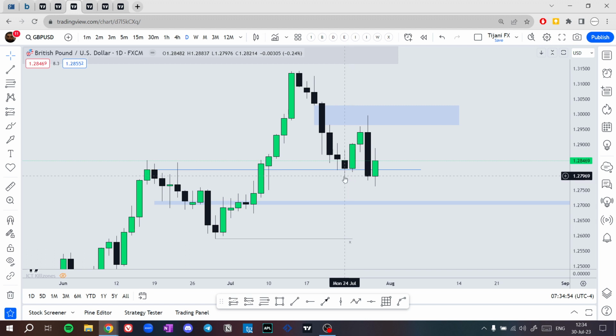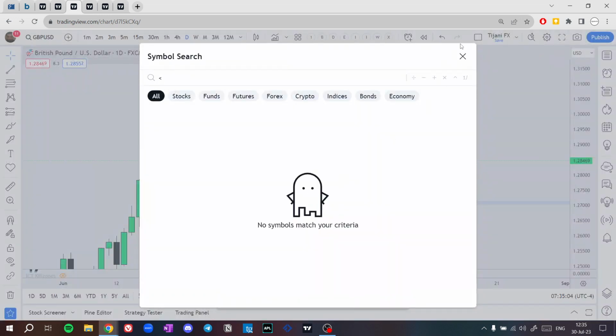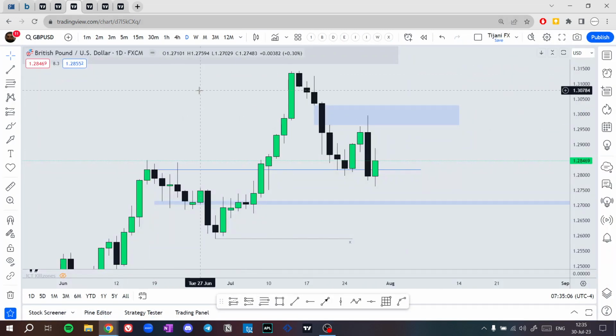As expected, I've been expecting price to continue higher, but if we didn't have this idea here, I've been expecting Monday to be the low of the week. But you see that for the dollar, price has made the high of the week during Tuesday, and Euro has made the low of the week during Tuesday.